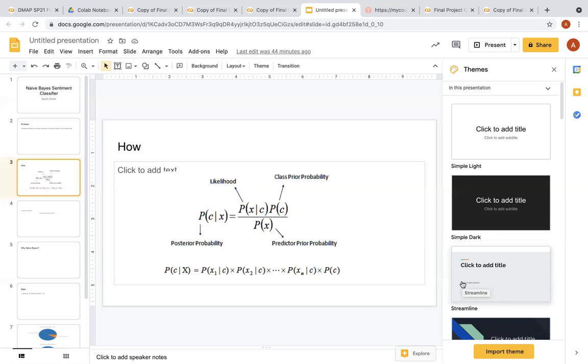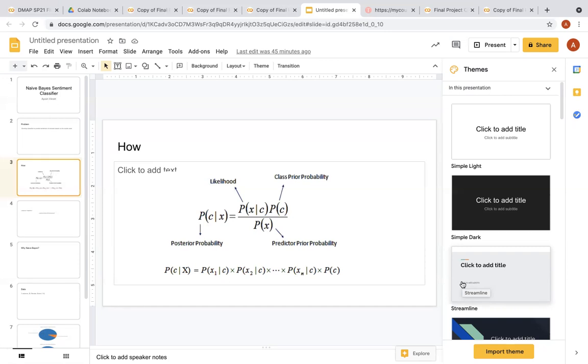The probability of X1 given C is basically the frequency of the first word, whatever the first word of the review you want to classify is. Let's say it's this. It's the frequency of this word in all reviews of class positive, which we calculated in our training step, or negative. We do it for both positive and negative.